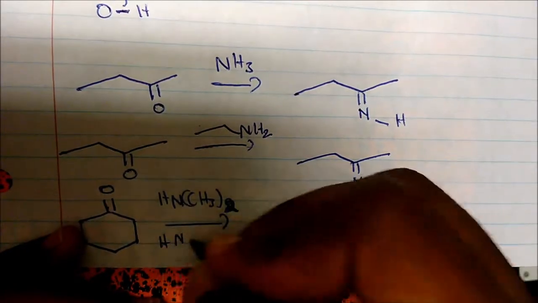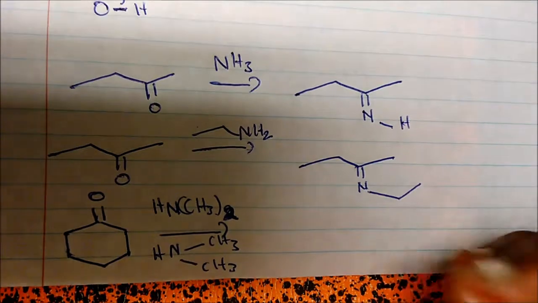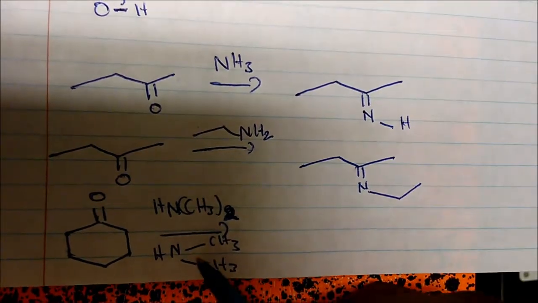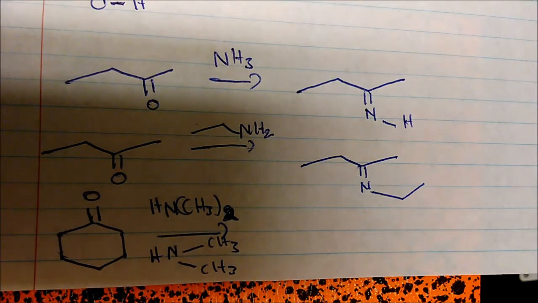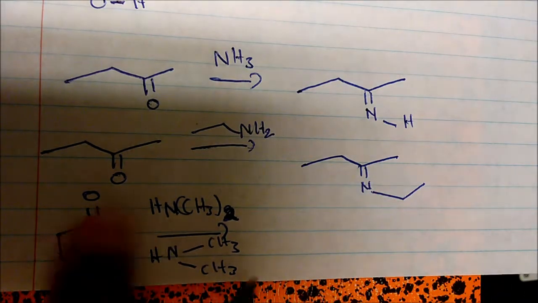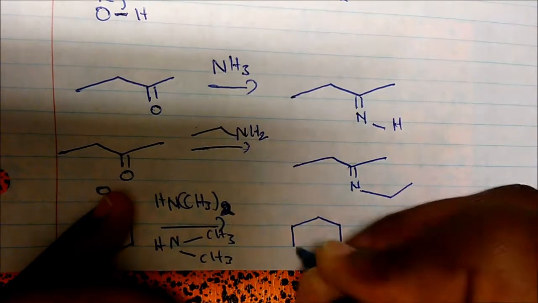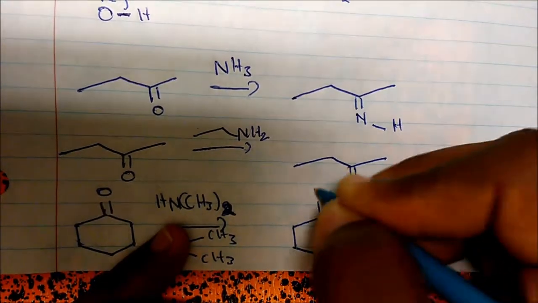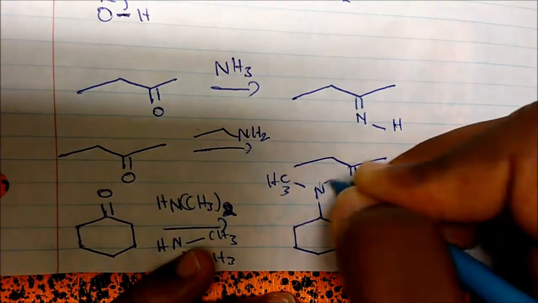It looks something like this. It has 2 CH3s, so this is our structure. Notice that now I only have 1 hydrogen in excess, and so the reaction pattern won't be like this anymore since I can't lose 2 hydrogens. The product for this will actually look something like this. I'm going to have a single bond to the nitrogen with the 2 CH3s.